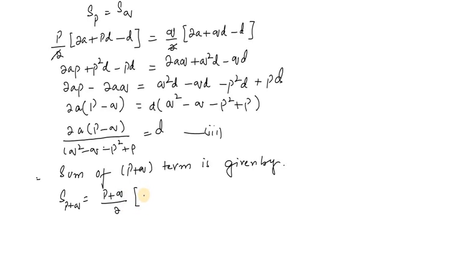So 2a plus n is p plus q, n − 1, so (p + q − 1) of d.